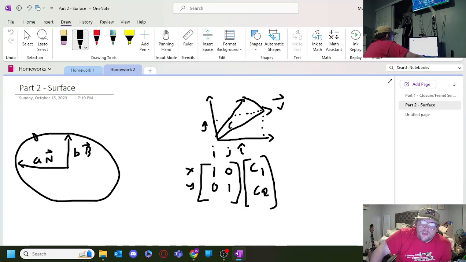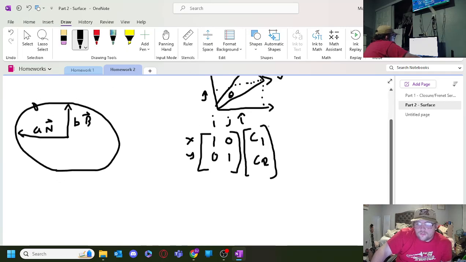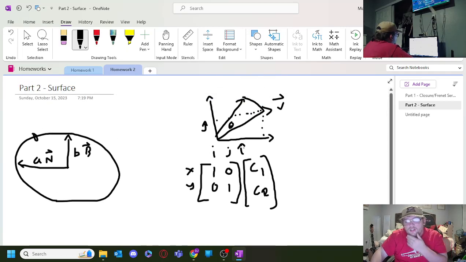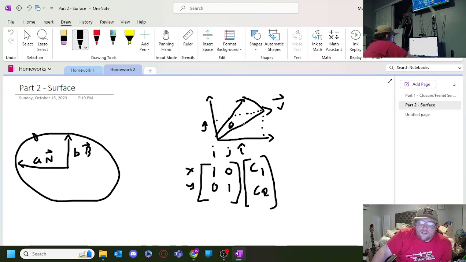or at some angle theta, and instead of just trying to find the new one, what we can do is rotate this one. So to do that, what we've got to do is essentially shift the i and j unit vectors. So what happens is our j is shifted this way.